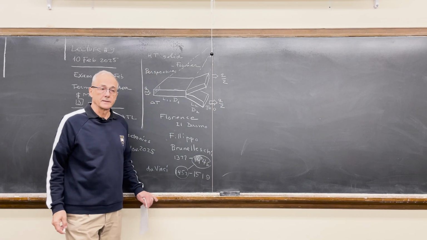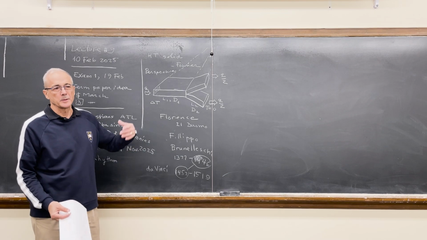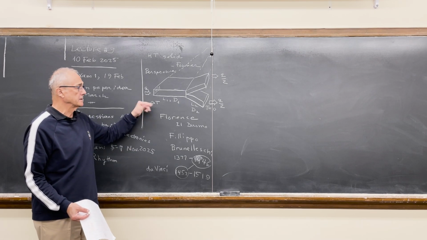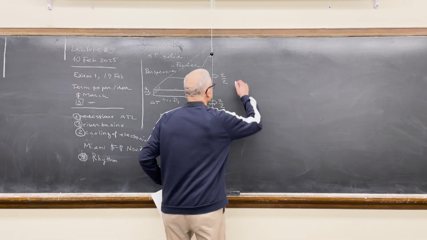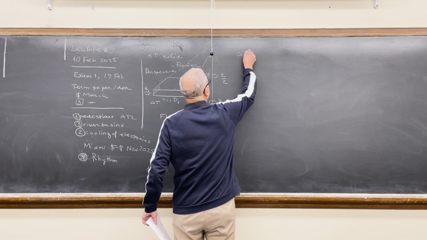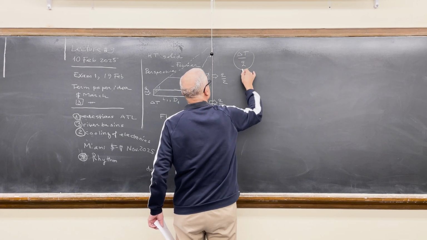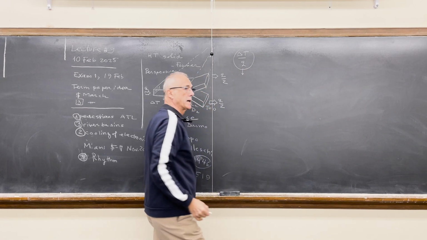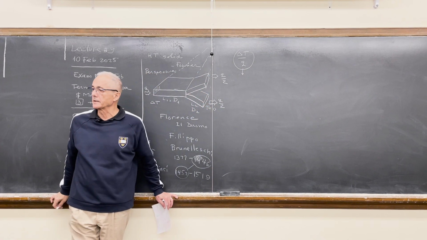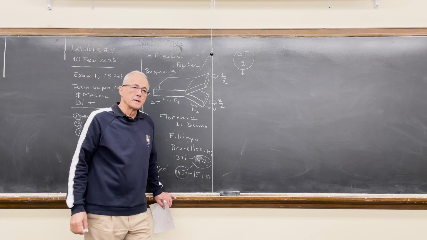And so the focus will be on the thermal resistance, which is delta T divided by Q. The objective is to make this thing smaller by morphing the flow architecture.